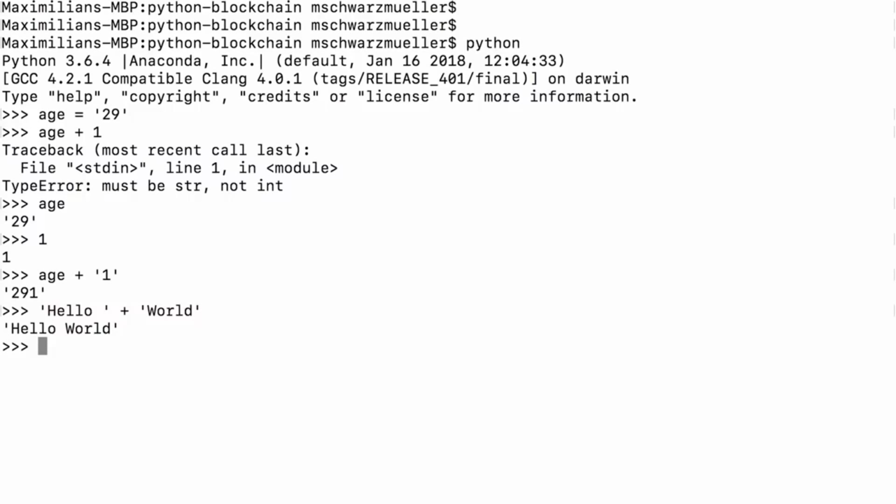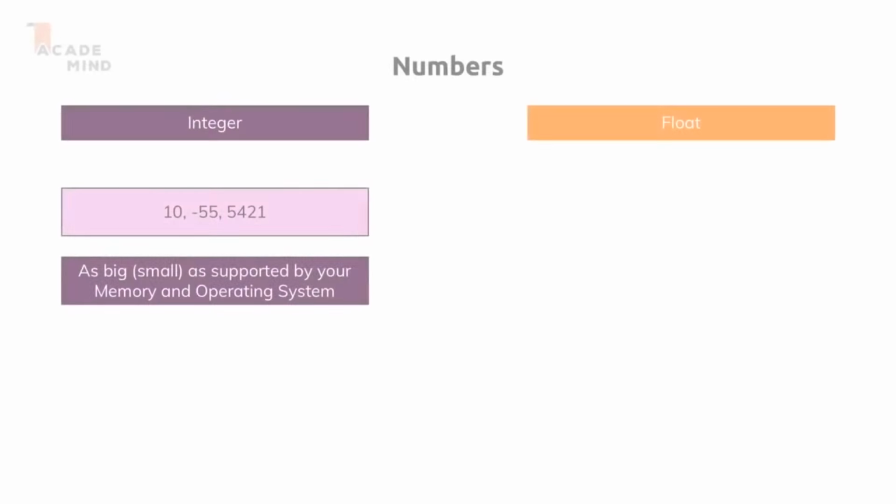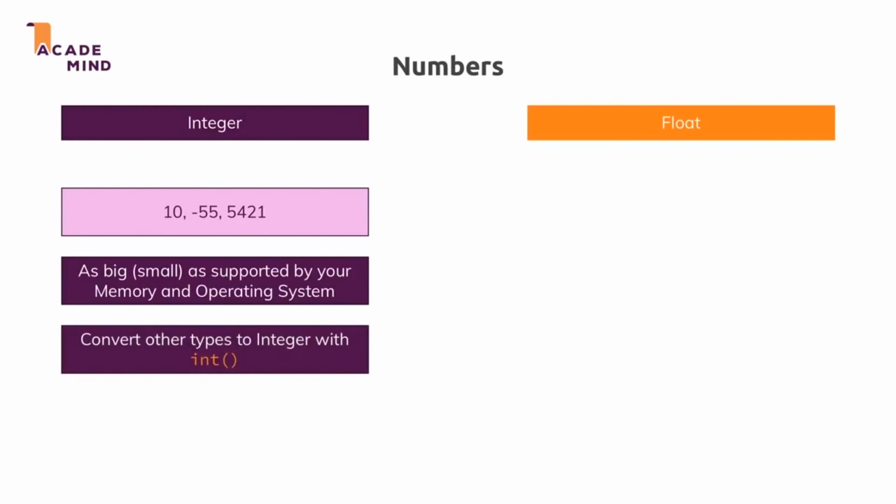But it's not what you want if you're working with numbers. And to fix this, there is a helpful function, int. If you wrap a string or a float with that function, it actually converts it to an integer, which you can of course then use as a normal integer, because it is a normal integer.